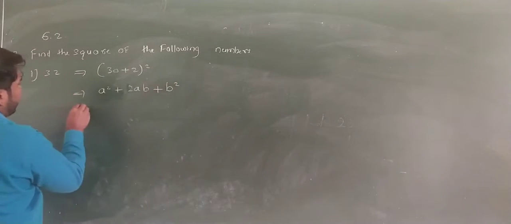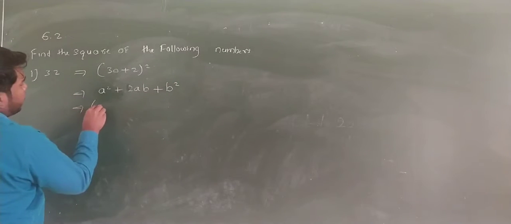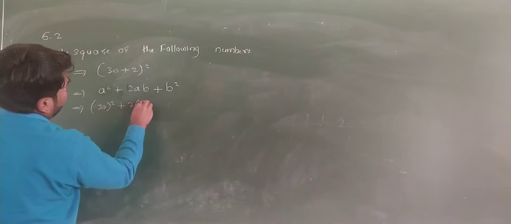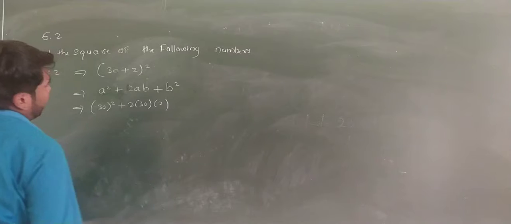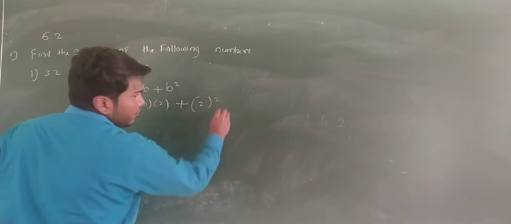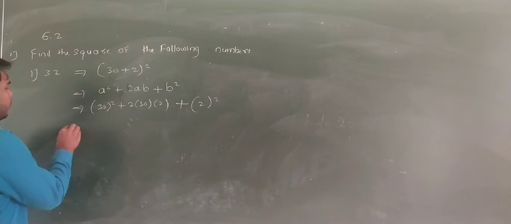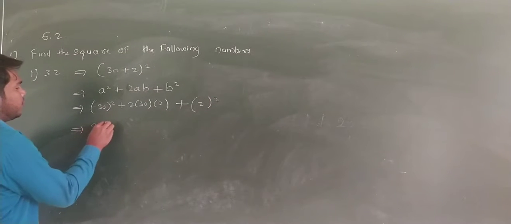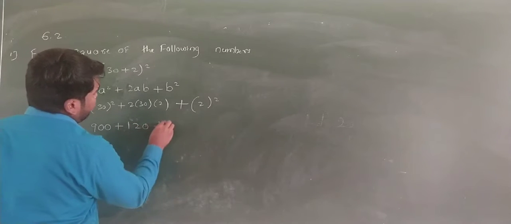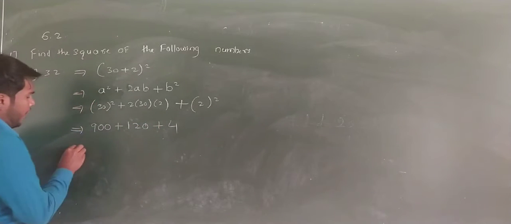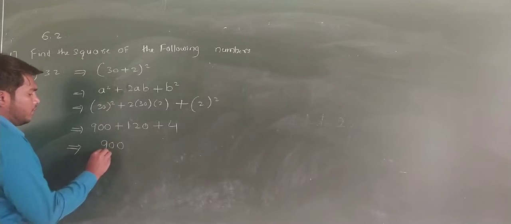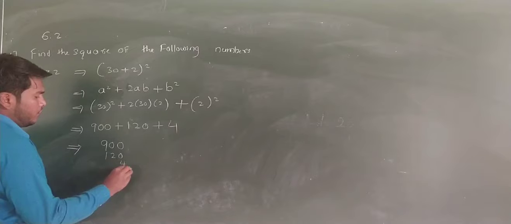What is your a square? It is 30 square plus 2 into 30 into 2 plus b square, that is 2 square. So 30 square is 900, plus 120, plus 4.